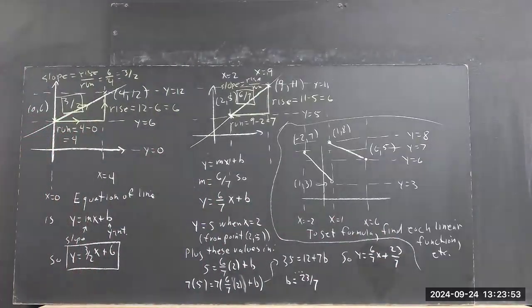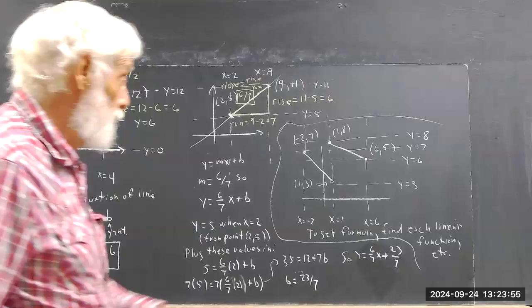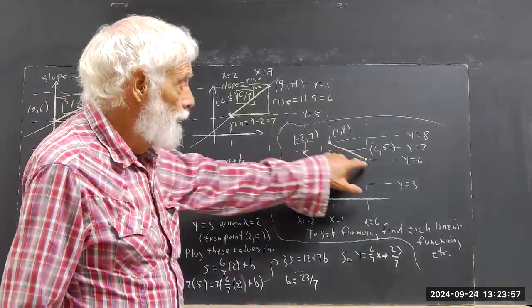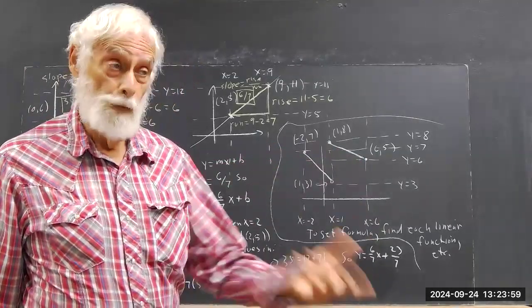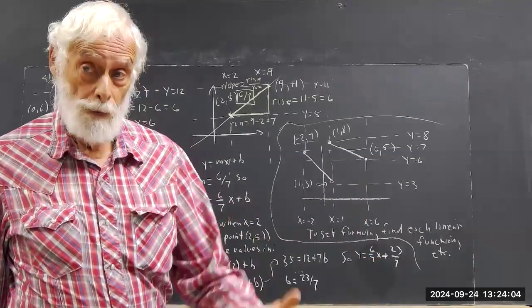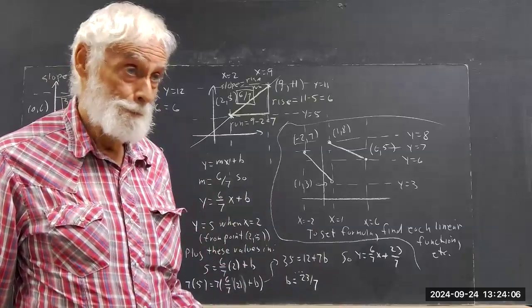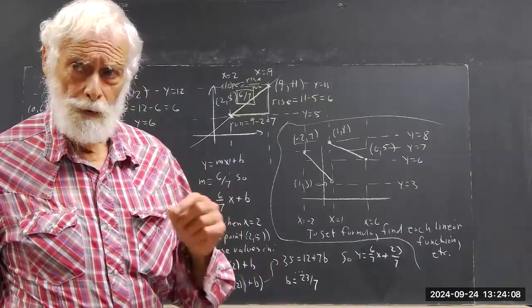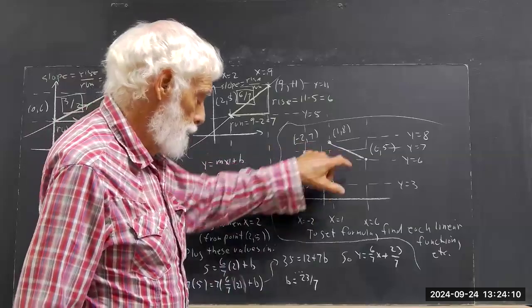The key thing to focus on first: you've got 2 points on each of these line segments. You can find the equation of that function. Once you have those equations, the rest is pretty easy.